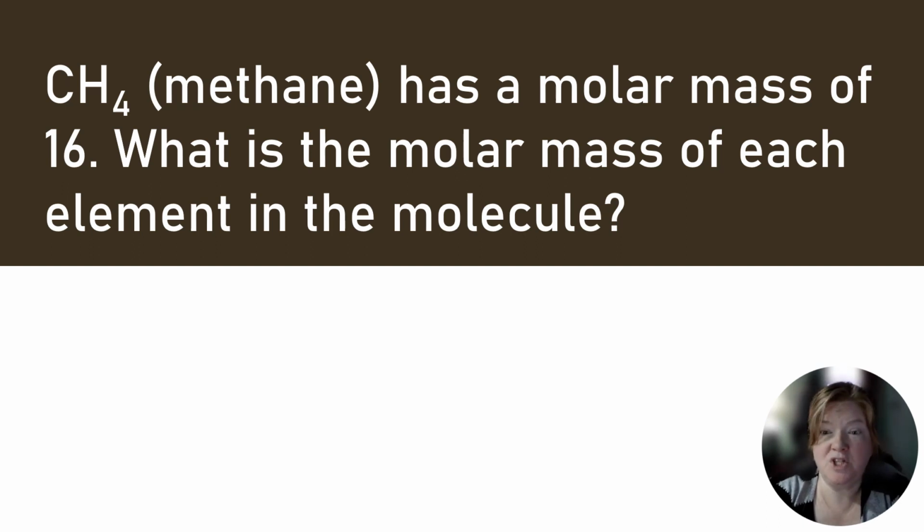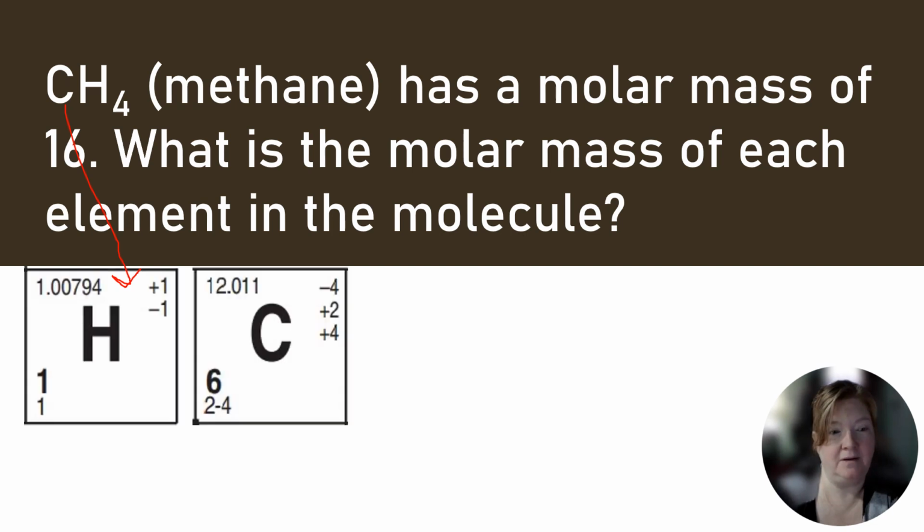Okay, CH4, which is methane, has a molar mass of 16. What is the molar mass of each element in the molecule? Okay, so carbon, do you remember we looked it up on the periodic table, but let's go back to it. There we go. So carbon right here is 12. So the molar mass of carbon is 12 grams per mole.